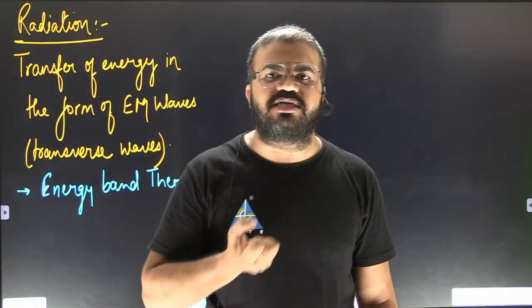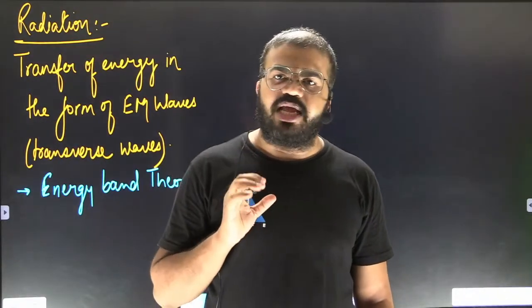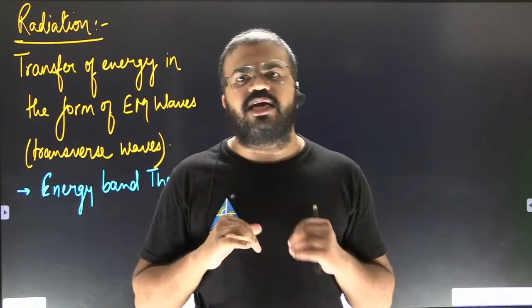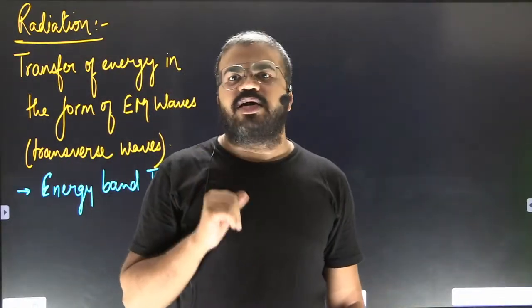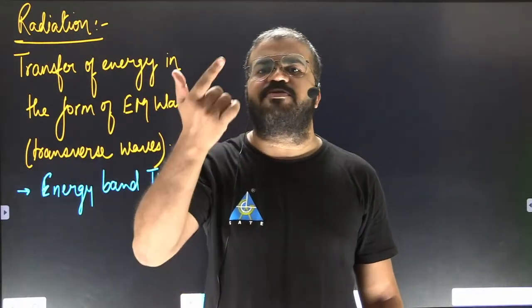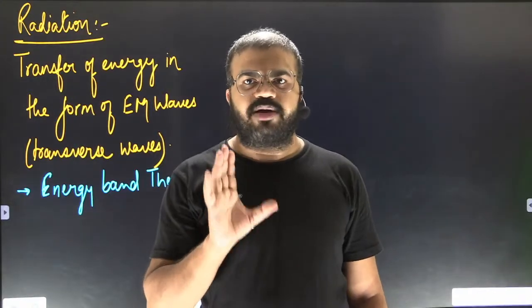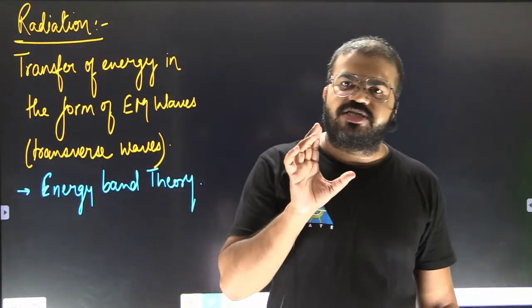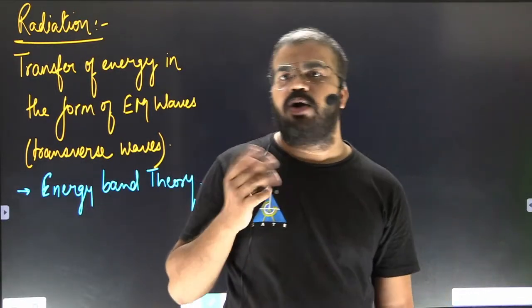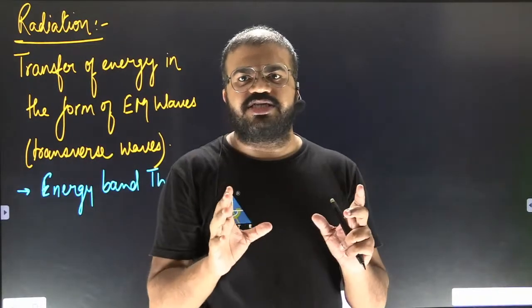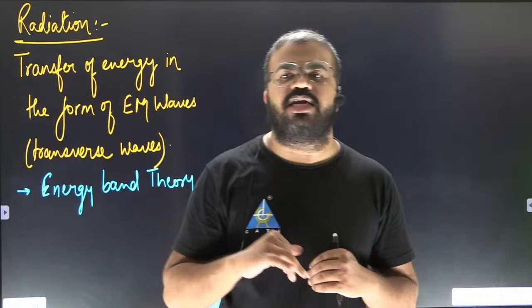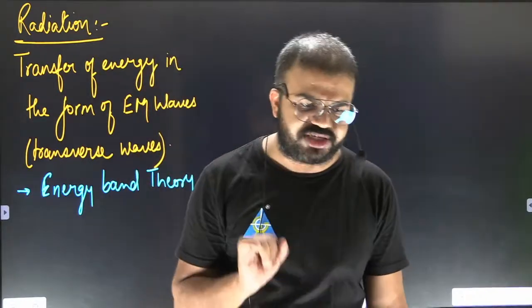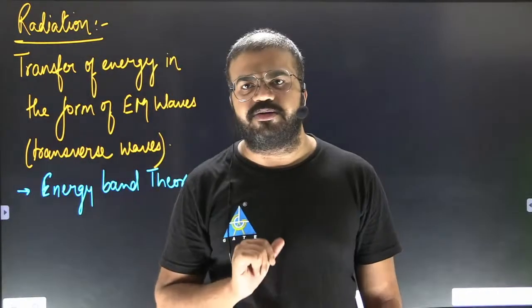By taking up this heat, it will become excited. When it becomes excited, it will change its band, that is, it will change its position. For some energy state, it has some equilibrium state. Now, if it has more energy, its equilibrium state has to change.